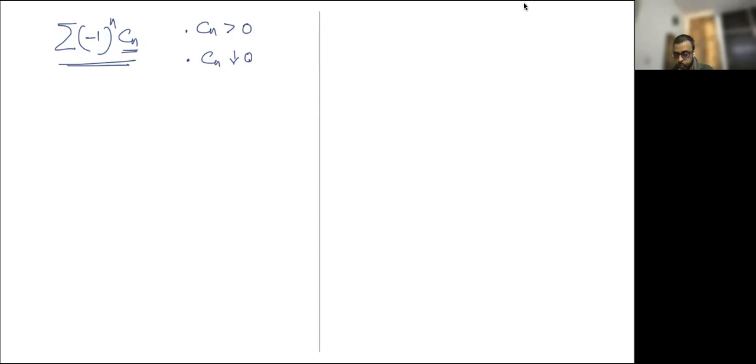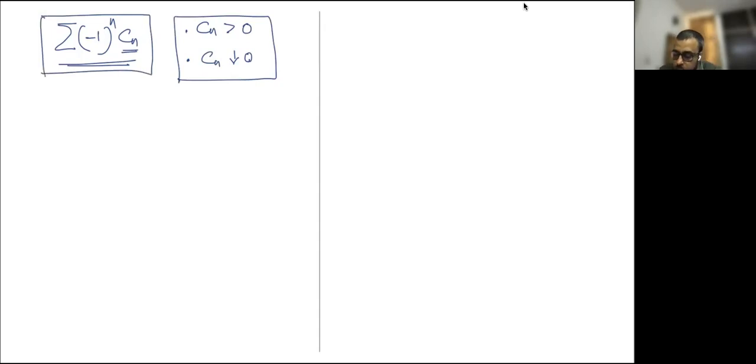So Cn is a monotone decreasing sequence that goes to 0. And we are looking at this series. That example was a special case of this, where Cn was 1 over n plus 1.